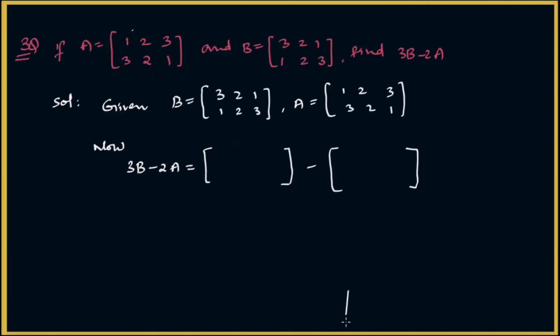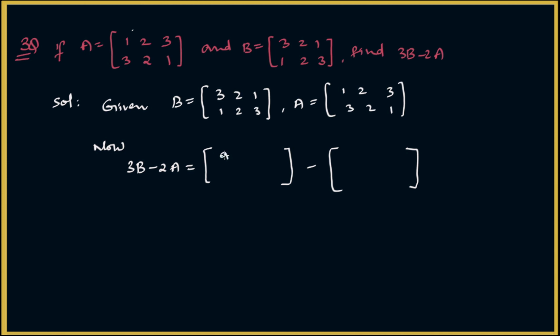Now the third problem: A and B, two matrices are given. We have to find the value of 3B minus 2A. So first write down the given B as well as A. We have to find 3B minus 2A, means 3 times matrix B minus 2 times matrix A. So first we have to multiply each and every element of matrix B by 3.